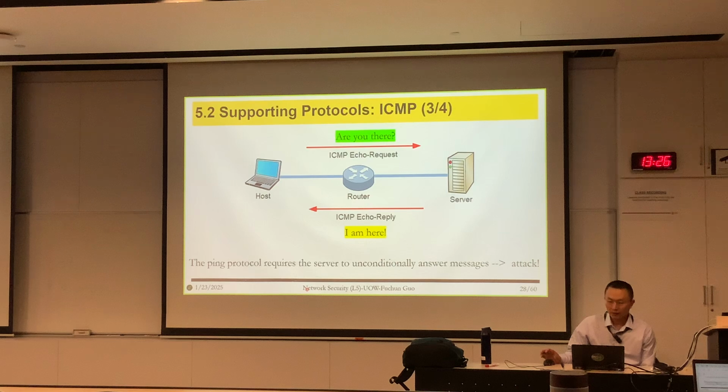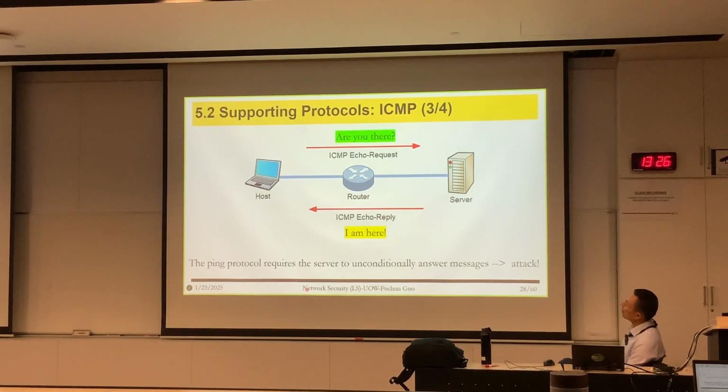And here I also provide a very simple illustration of this ICMP protocol. First you send the echo request and then you receive the echo reply. In English, it is something like: are you there? So if the receiving device or IP address is still there, it will automatically answer: I am here.